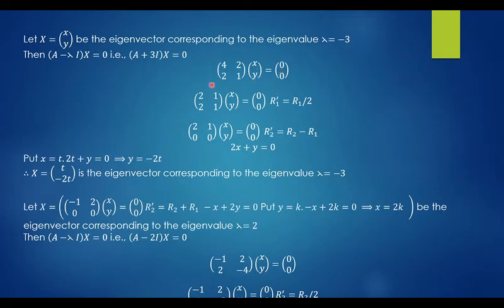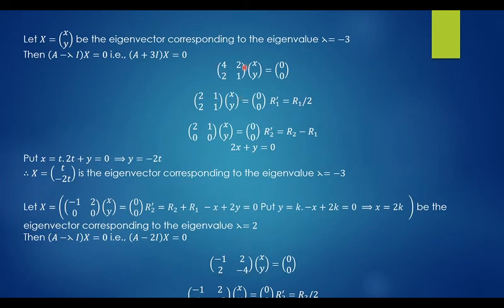Then you simplify this matrix to row reduced echelon form, so that you can apply row operations. R1 is divided by 2, you get 2 1.